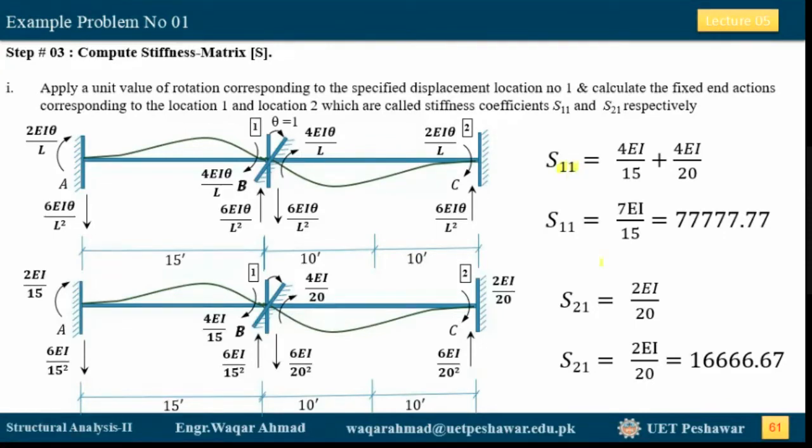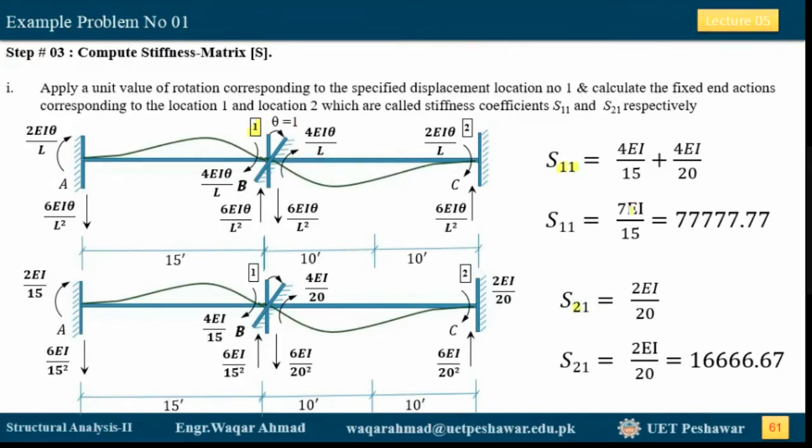What is S21? It is the value of the fixed end moment, or the fixed end action, at coordinate 2, which is caused by the unit displacement at coordinate 1. As you know, at coordinate 1 we have applied the unit displacement, the unit rotation. So the values we are getting are S11 and S21.